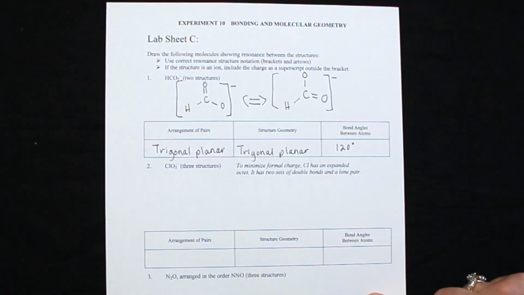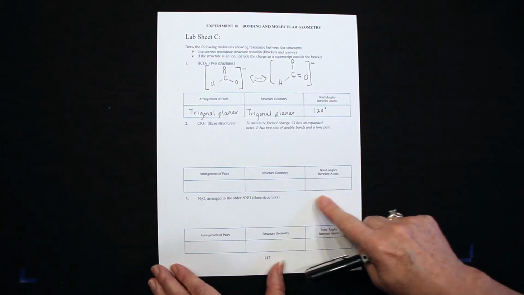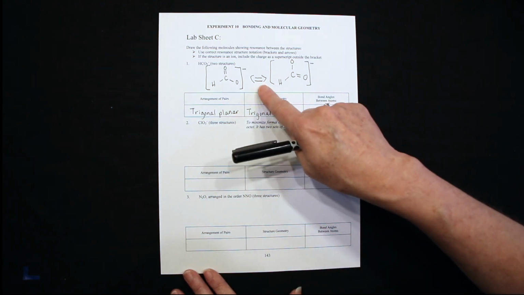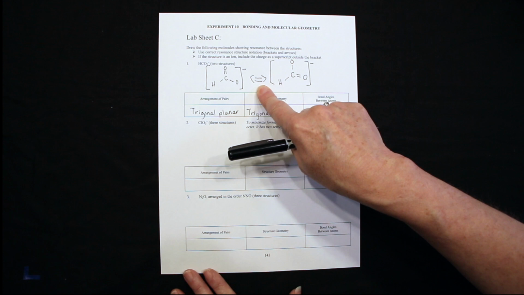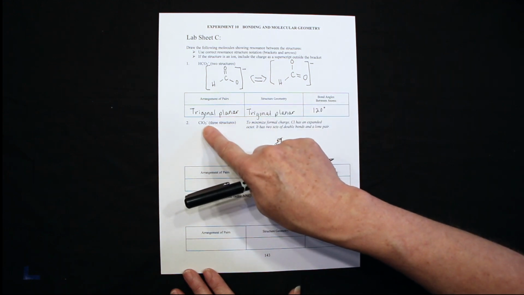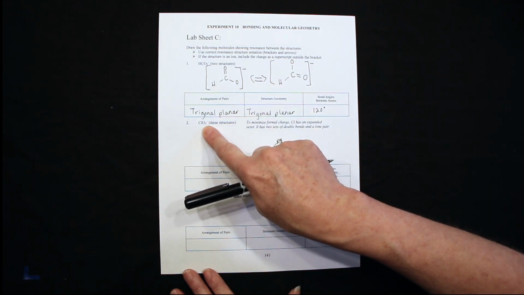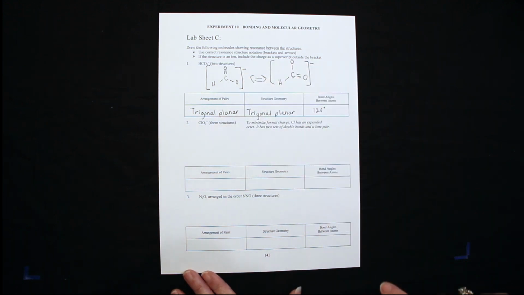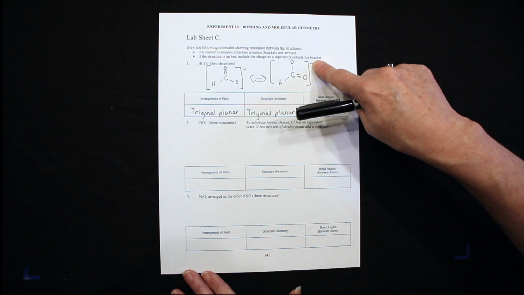Complete the next 2 with the arrangement, structure, and bond angles for each one of them, and be sure you use the correct arrow. And in number 2, it is an ion, so be sure to put the ion as a superscript.